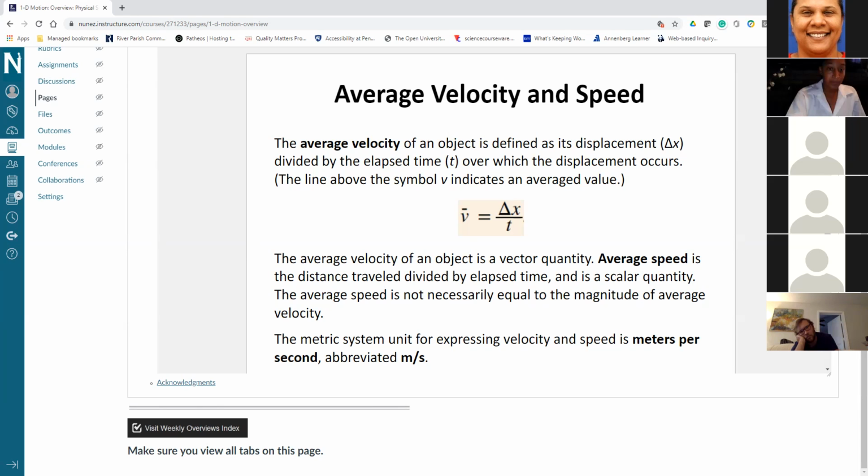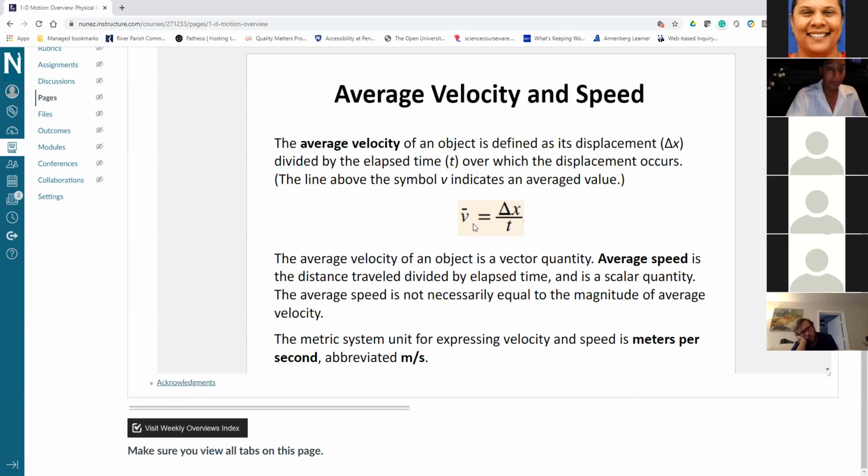And so the average velocity of an object is defined as its displacement divided by the elapsed time. If you wanted to write out the full definition, notice that the average velocity is this script-looking V with the bar over it. That bar indicates average.